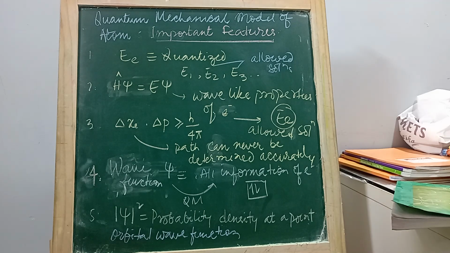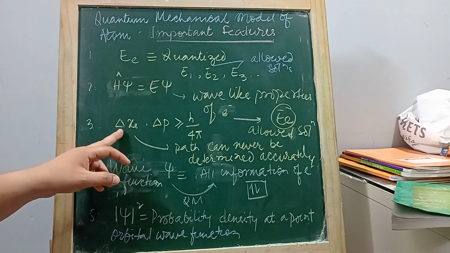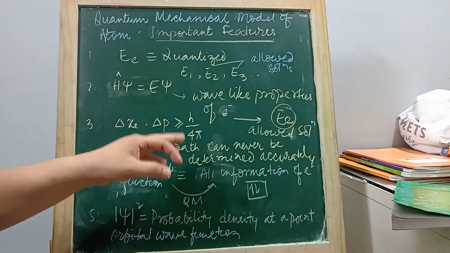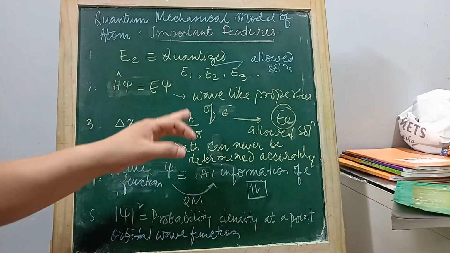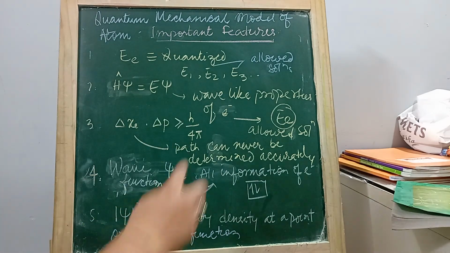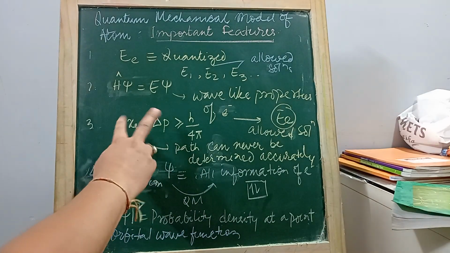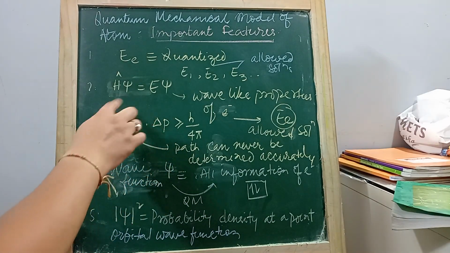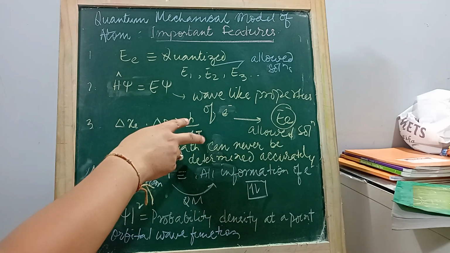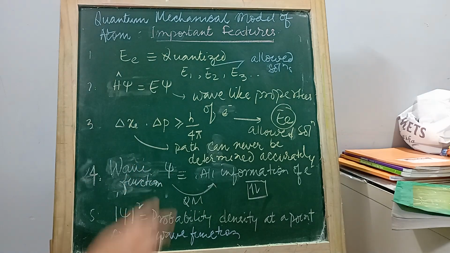The mathematical expression of it is given by this: uncertainty in position multiplied by uncertainty in momentum will always be greater than or equal to h by 4 pi. h is Planck's constant, having value 6.626 into 10 to the power minus 34 joule seconds, and 4 pi. This is a very small value, right? The product will be more than or equal to this. So these are inversely proportional.